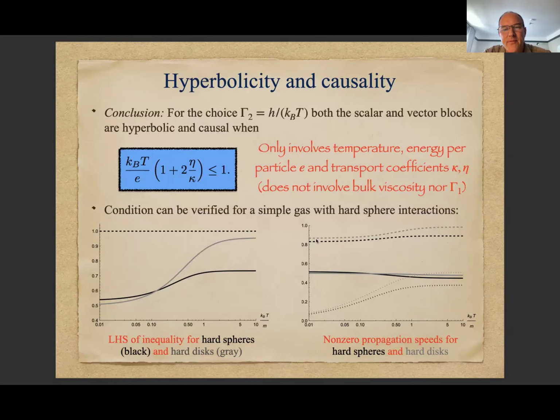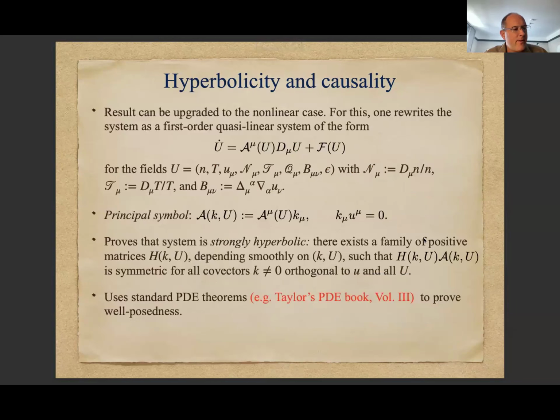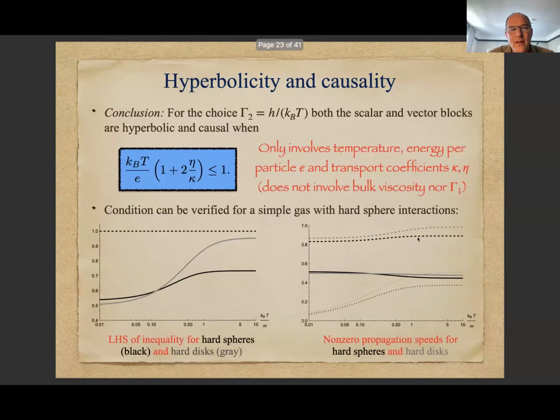And you see that in fact it is causal. It does not approach even the speed of light. All right, so that's for the linearized system around this equilibrium configuration.